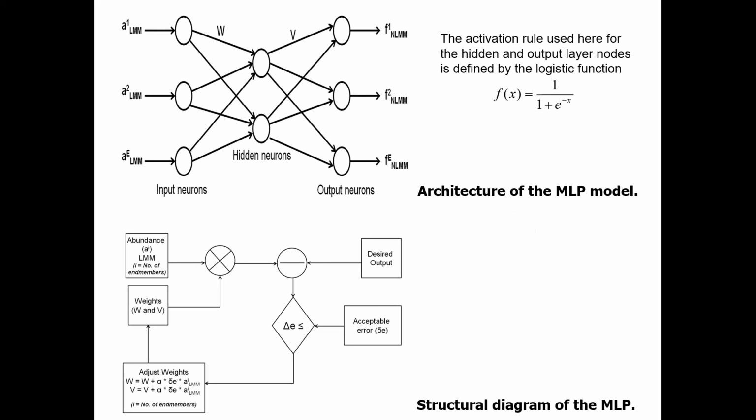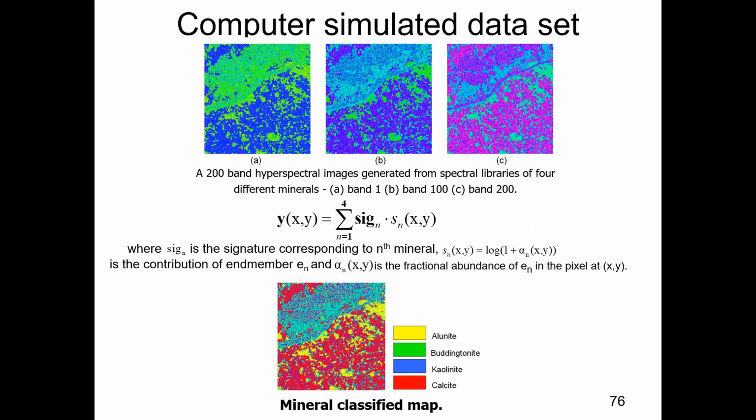So, just keeping details, here is the MLP model which used the logistic function and the structural diagram of the MLP. To test the algorithm, we had first taken a computer simulated data set, and we were able to download spectral signatures of 4 minerals, namely alunite, bodigonite, kalonite, and calcite.